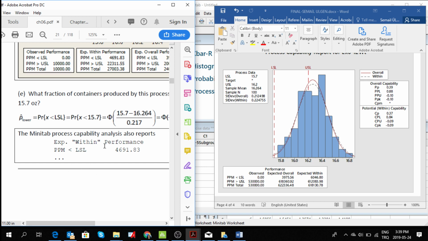The Minitab process output is going to give it as PPM less than or equal to LSL, which is this. Expected overall, expected within. This value is in here. So we'll get that.